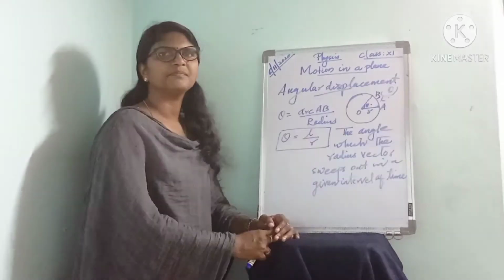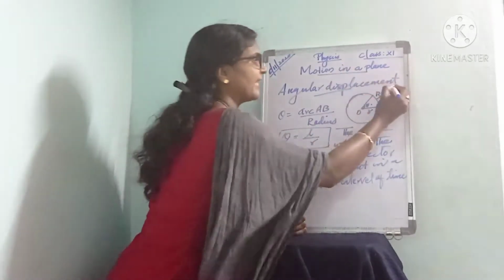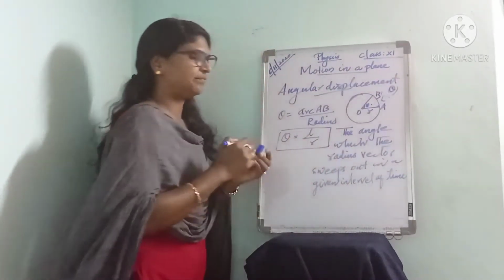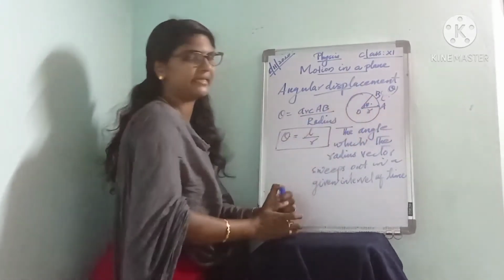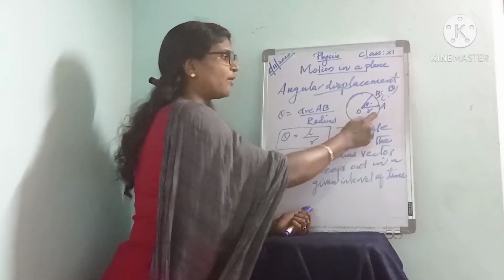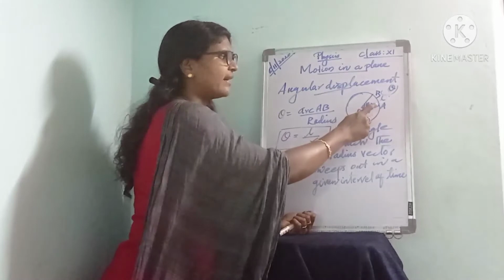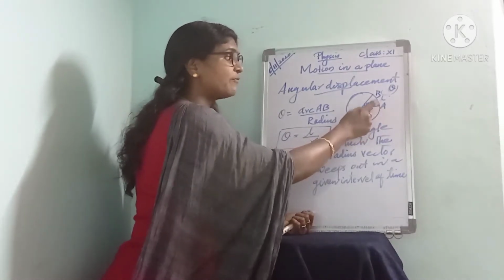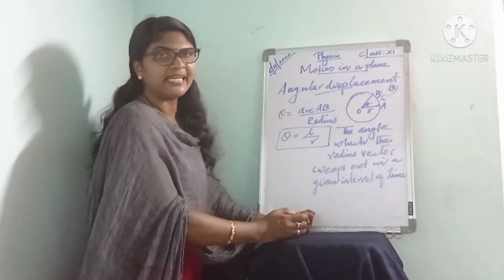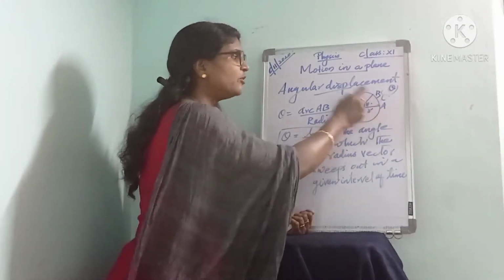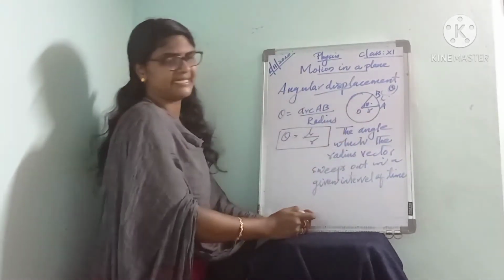Next, angular displacement, represented by theta. Suppose a particle moves along a circular path of radius r. At a time t, the particle changes its position from A to B, making an angle theta.